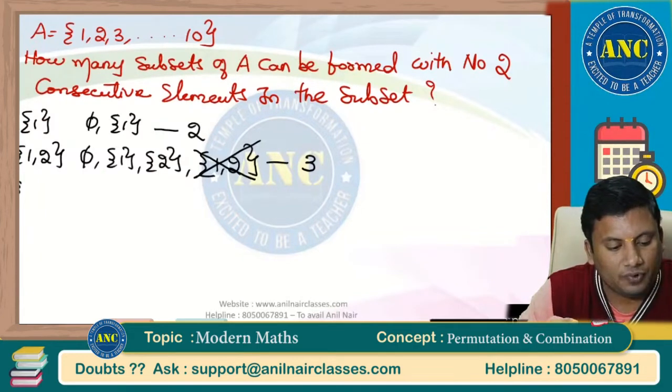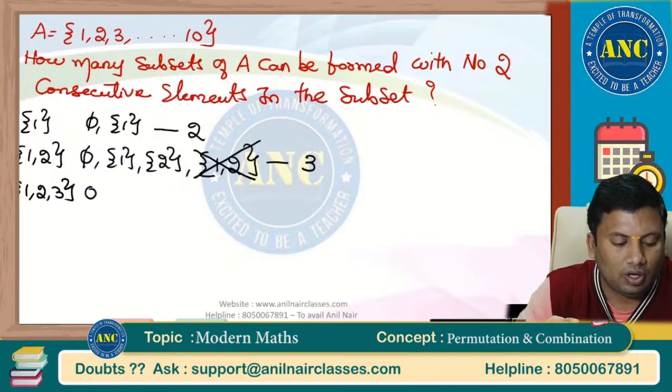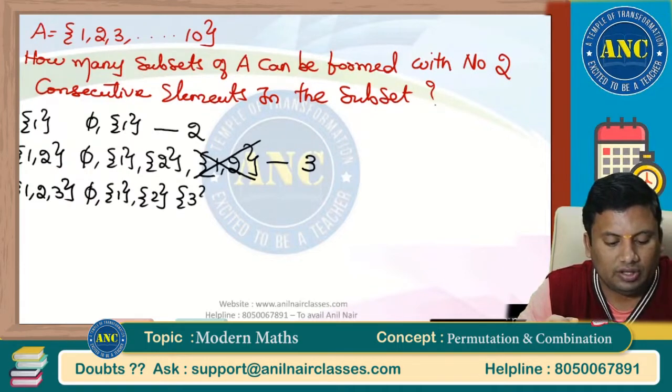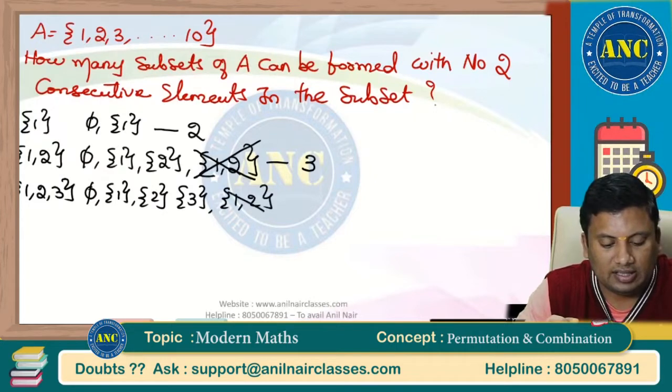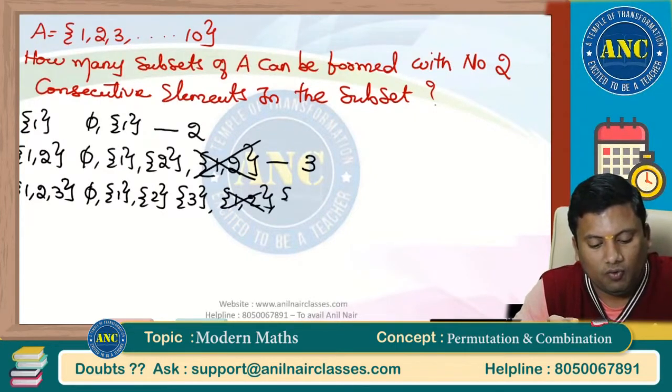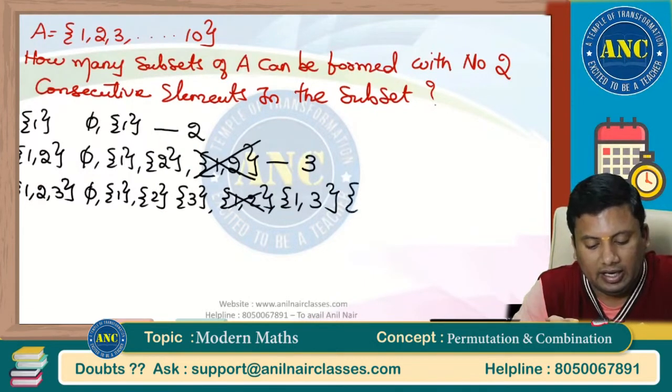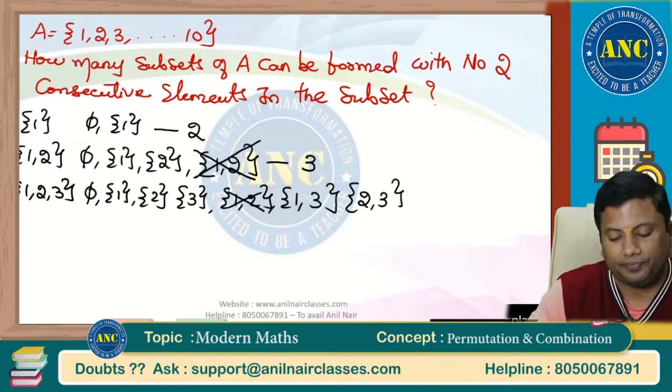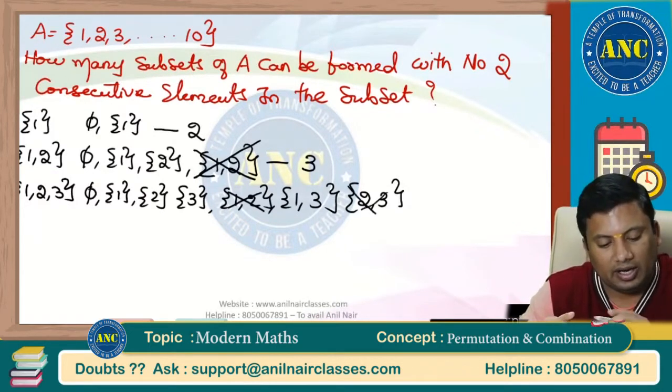Next one, 1, 2, 3. No element, only 1, only 2, only 3. 1, 2, should I take this case? This case should not be taken. 1, 3, they are not consecutive, this can be taken. Next it is 2, 3, which cannot be taken.